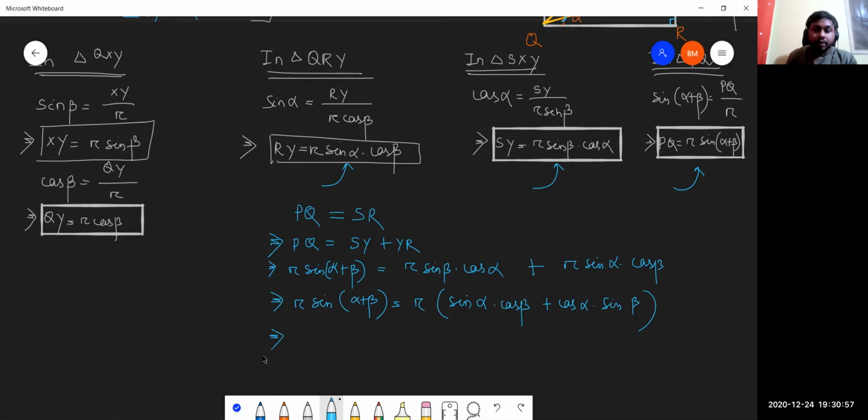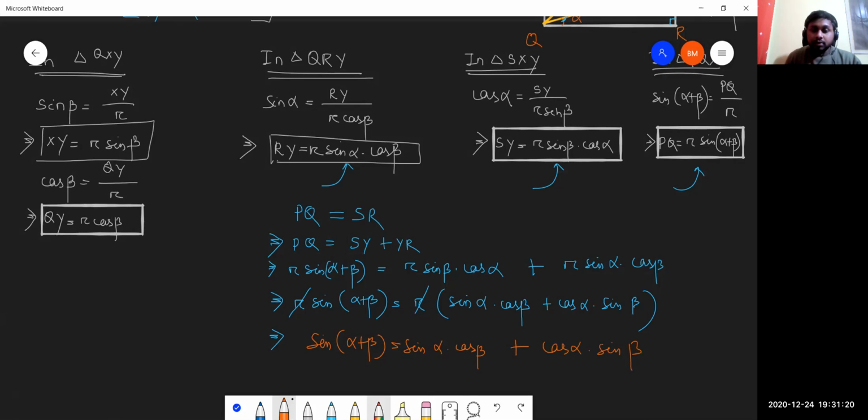From both sides, we can cancel r as r is multiplied on both sides. So the final expression we get is sine alpha plus beta equals sine alpha times cos beta plus cos alpha times sine beta.